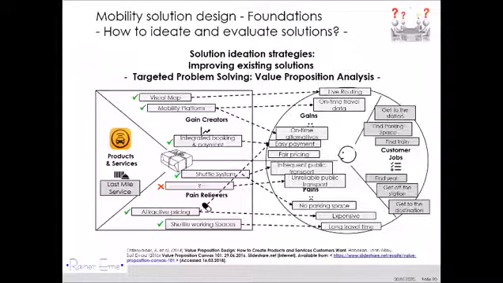The pricing could be less than a taxi. You might provide working spaces with Wi-Fi in the shuttle and so on. And this is one of the possibilities you can ideate solutions in order to bridge the last mile by providing an on-demand last mile service.